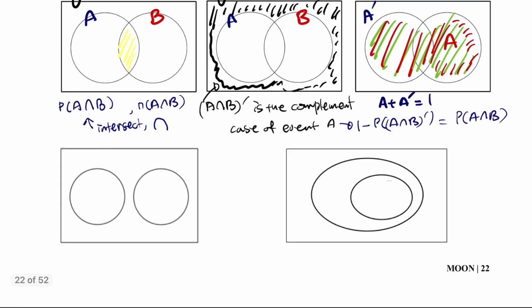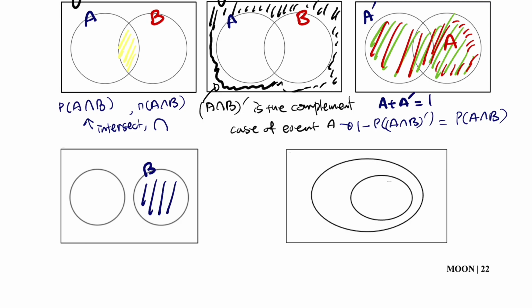In this case, we have an event B and event A within a sample space U. You can see that these two events are disjoint, right?